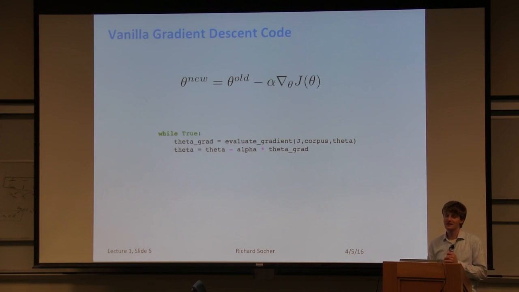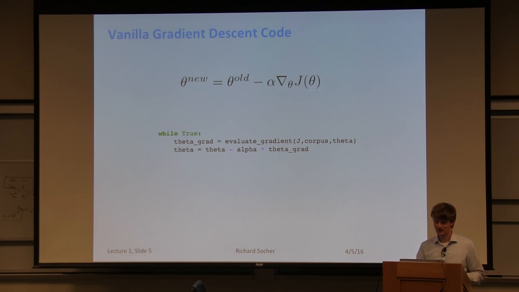Vanilla gradient descent is essentially very simple, both in math and in code. We could just say, while true, we continuously update. We have our corpus here, and in evaluating our gradient, we give it our current function J, the entire corpus, and our current set of word vectors, theta.